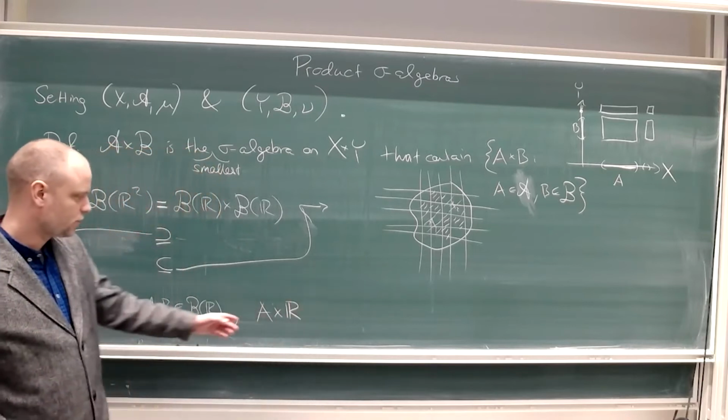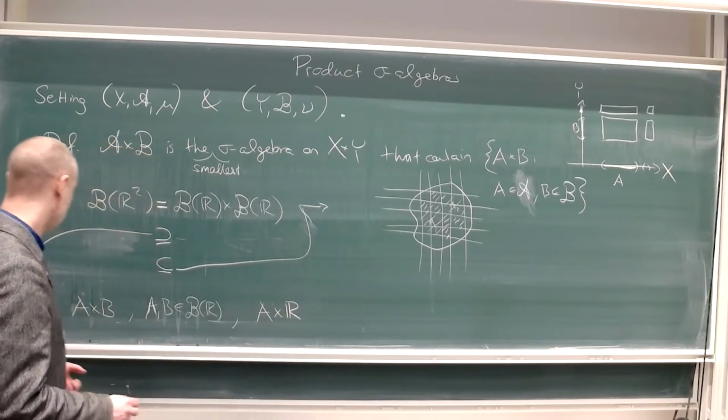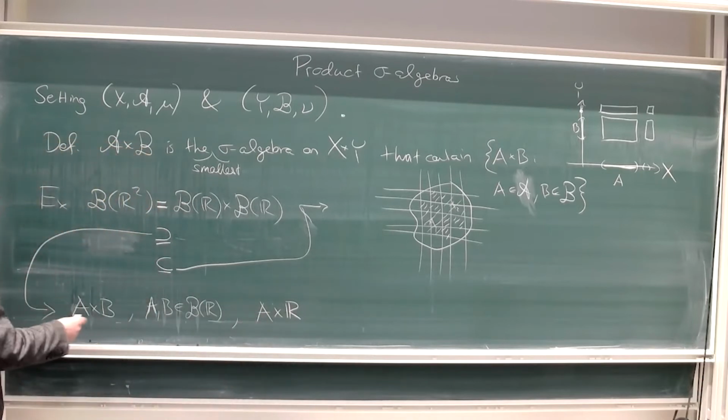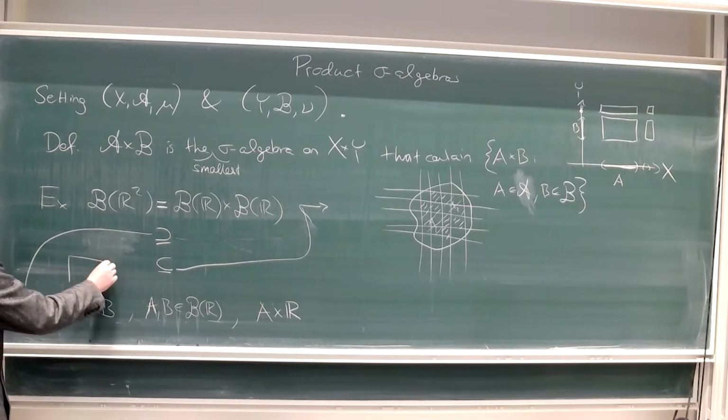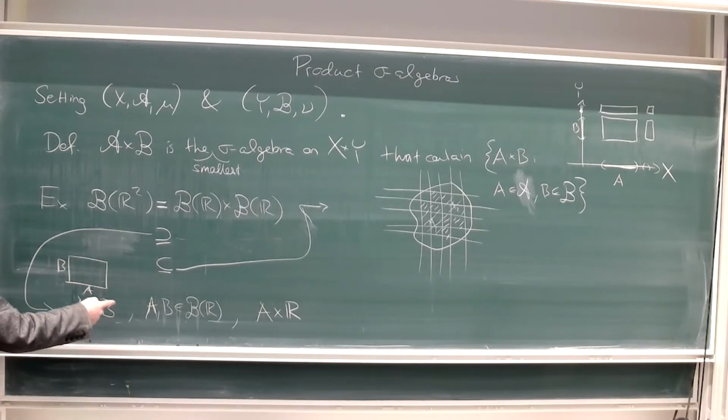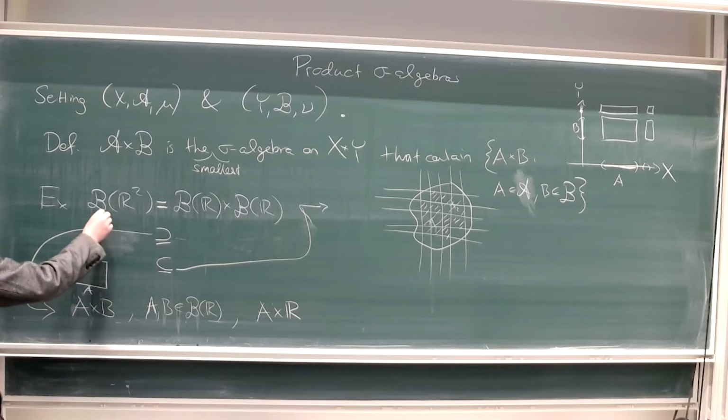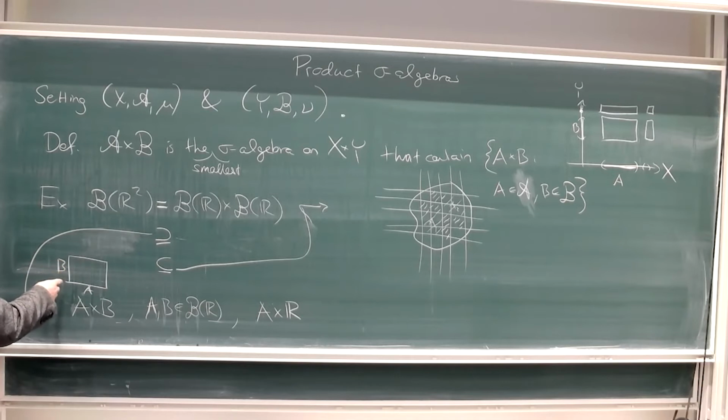So it's easier to show that A times R, which, if I had painted a picture here, A is here, B is here. So A times R would be like, I just don't care about the restriction in B, and extend this to the whole corridor, right?